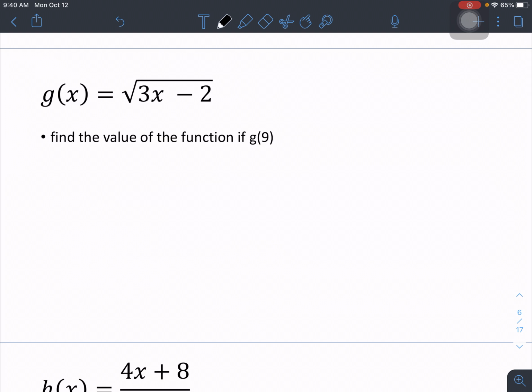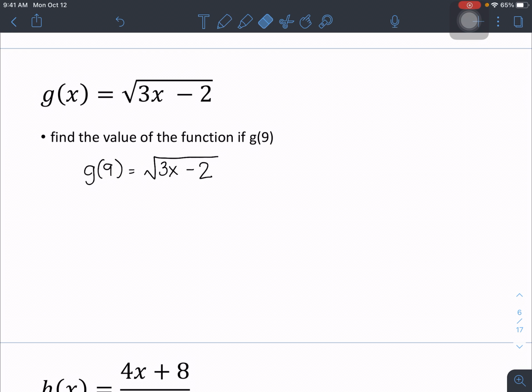So g of x is equal to the square root of 3x minus 2. Find the value of the function if x is equal to 9. So g of 9 is equal to the square root of 3x minus 2.